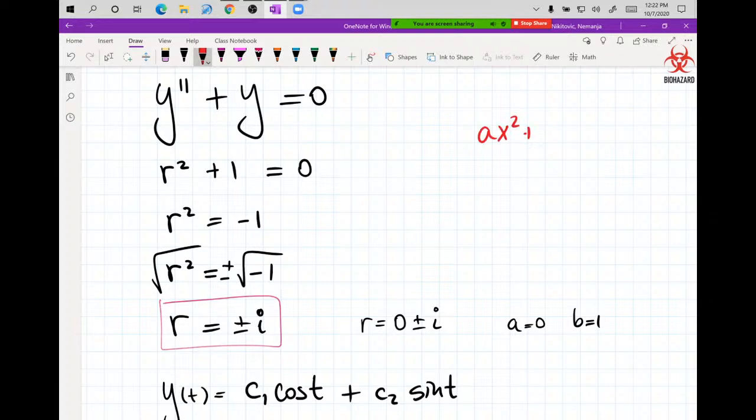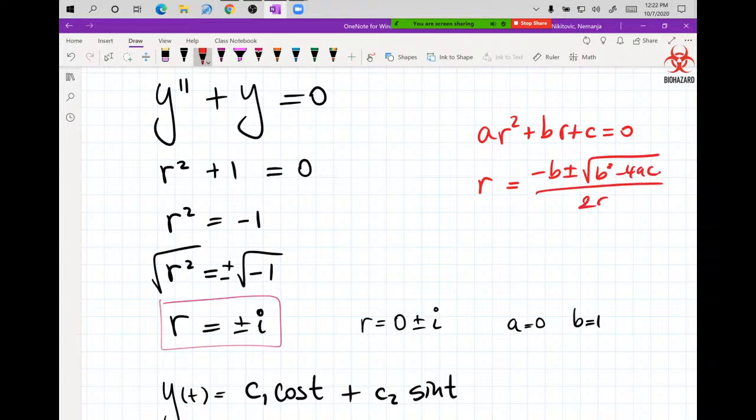You have ax squared plus bx plus c equals 0, and r is going to be negative b plus minus the square root of b squared minus 4ac, divided by 2a. You are going to get a negative under the root, and that will give you complex values.